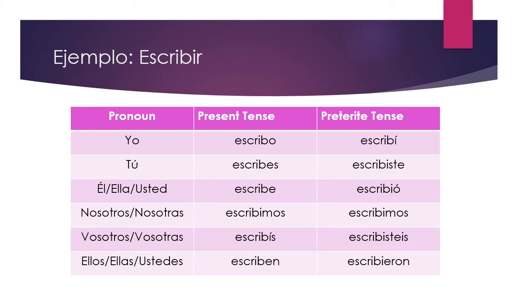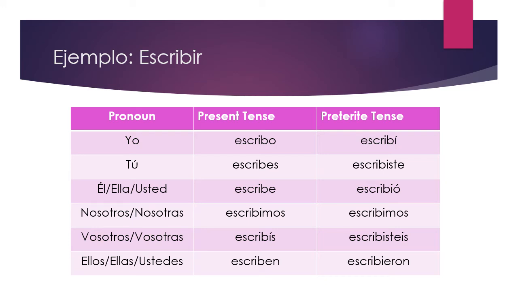Let's look at another example, this time with an ir verb, like escribir. In the present tense, we say yo escribo, I write. Tú escribes, you write. Él, ella, o usted escribe, he, she, or you formal write. Nosotros o nosotras escribimos, we write. Vosotros o vosotras escribís, y'all write. Y ellos, ellas, o ustedes escriben, they or you all write.